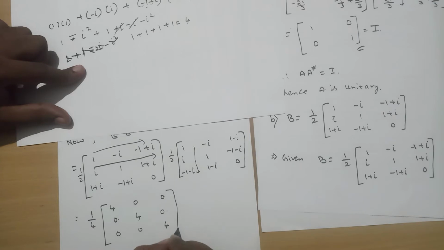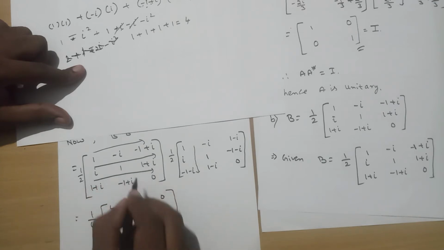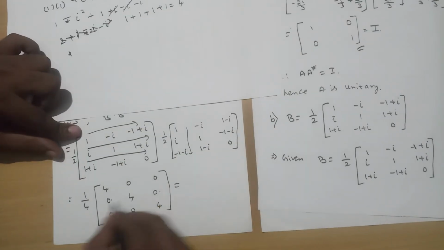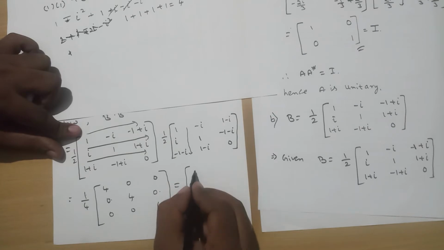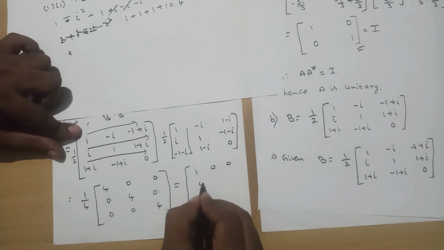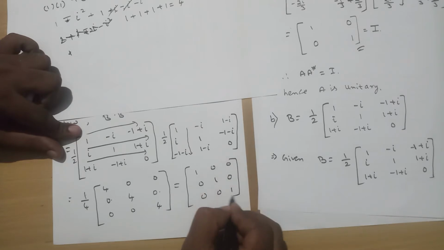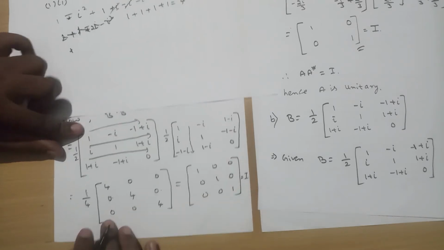Okay. So now if you divide with 1 by 4, so we'll get 1 0 0 0 1 0 0 0 1. So we'll get an identity matrix.